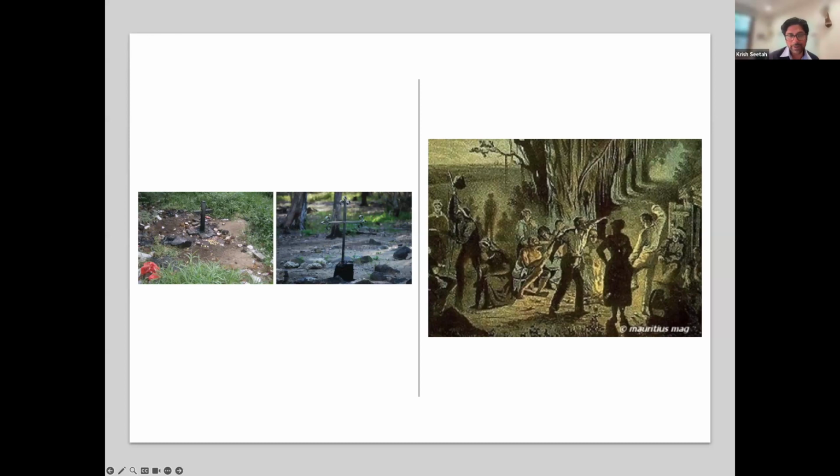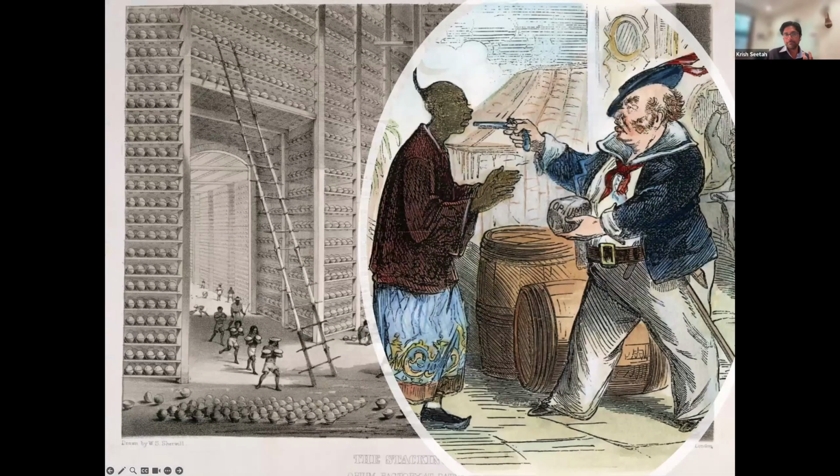And I just want to come back to the opium here. Opium had a major role in creating famine in parts of India that then forced people into indenture. This is an image from Patna, the stacks of opium, and this is John Bull effectively forcing opium onto the Chinese.